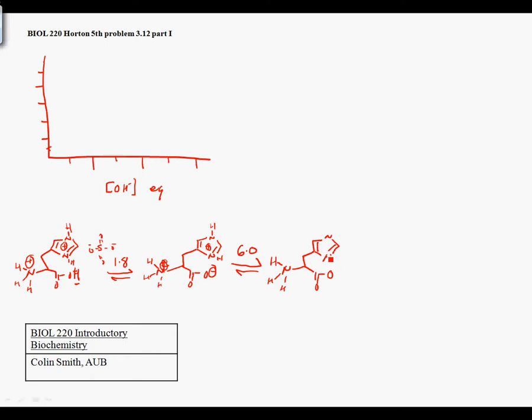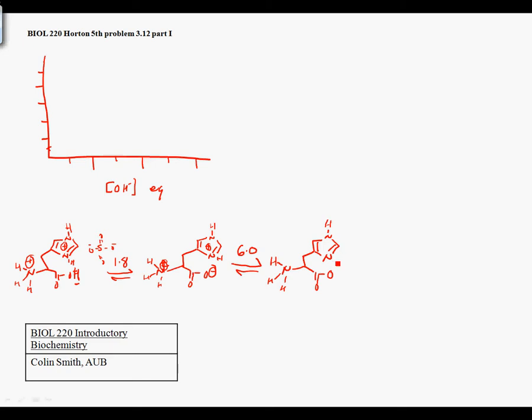Where I have it drawn here, there's a proton on each nitrogen, and the pKa's are slightly different. Remember, this is a delocalized aromatic system, and so the charge is delocalized, and either one of these protons can be released. The pKa's are not that different when there's a choice between them.